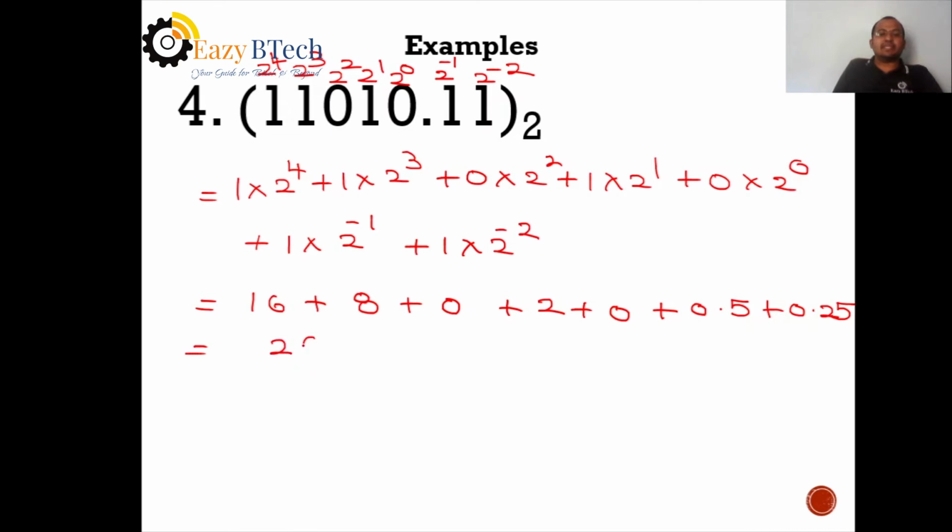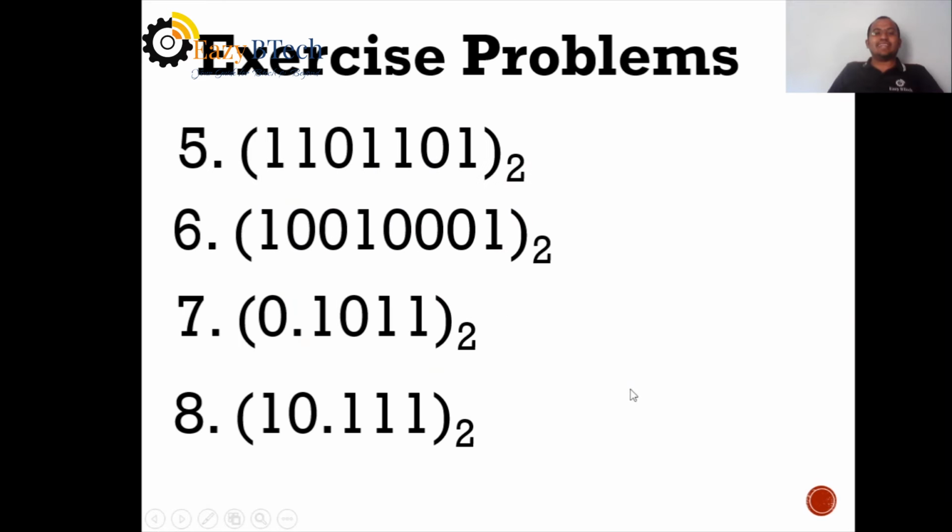So the integer part is giving 26, whereas the fractional part 0.5 plus 0.25 is 0.75. So the corresponding decimal equivalent for the given binary number is 26.75. Is it clear?